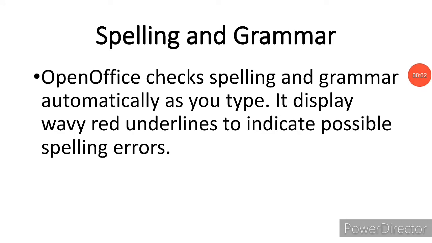Spelling and grammar. OpenOffice checks spelling and grammar automatically as you type. It displays wavy red underlines to indicate possible spelling errors. While typing in OpenOffice Writer, if you have written any wrong spelling, then it will underline it with a red wavy line so that you can check it.